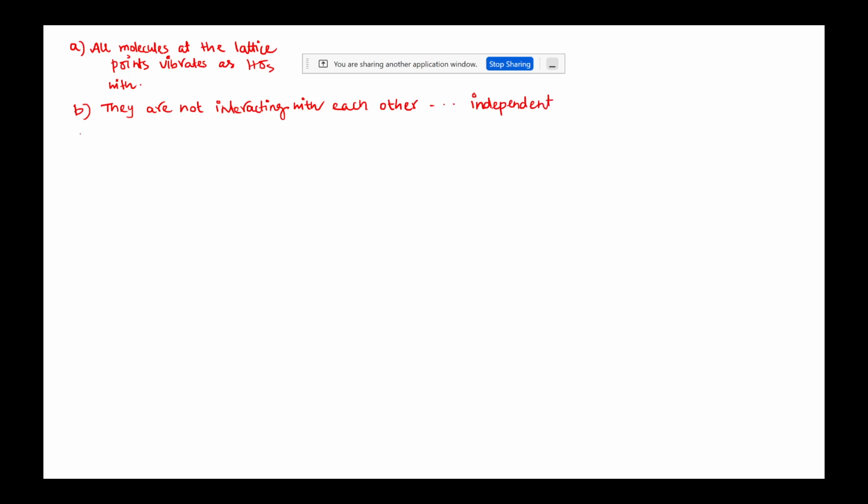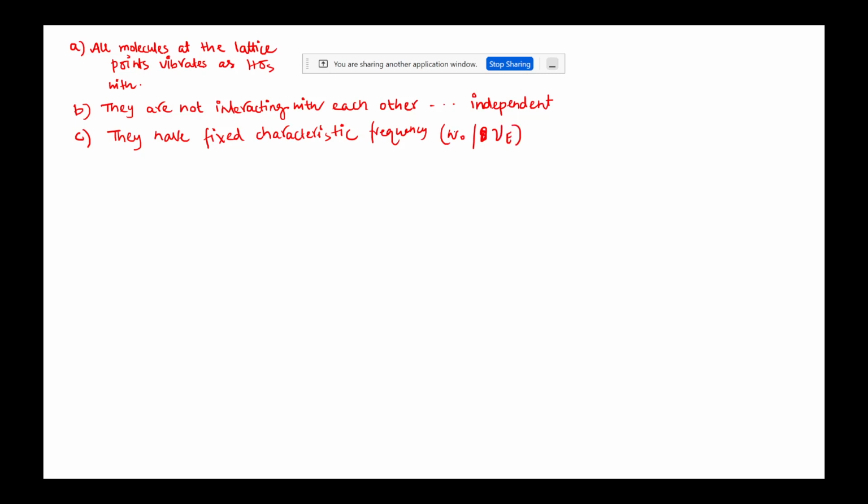And third thing, that they have a fixed characteristic frequency, which we just calculated, which is omega naught or omega e, whatever you can call it.